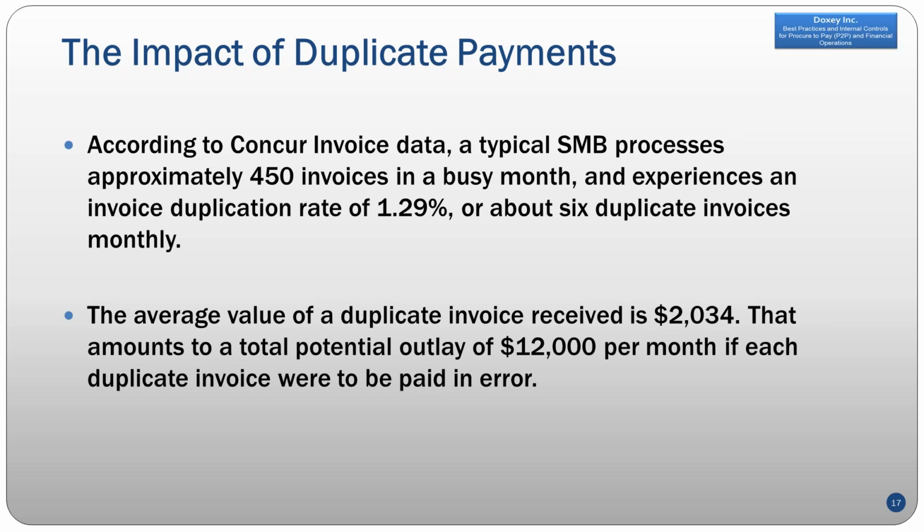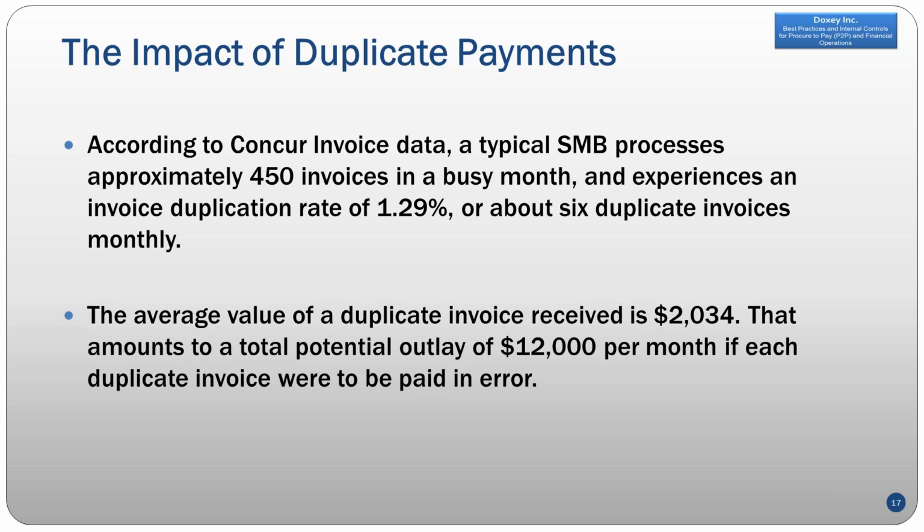Then you look at the average value of a duplicated invoice. I've seen this pretty much across the board in my work in this area, and the average value is about $2,000. That amounts to a total potential outlay of $12,000 per month if each duplicate invoice were paid in error.